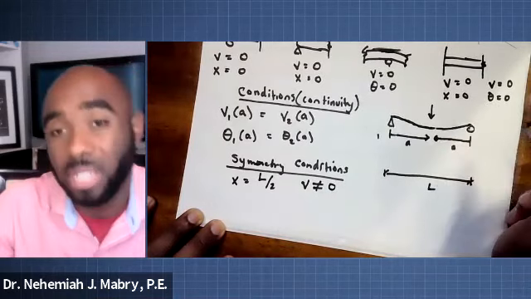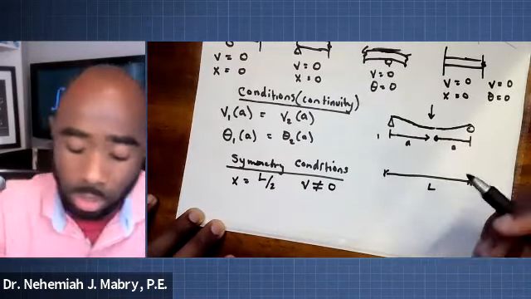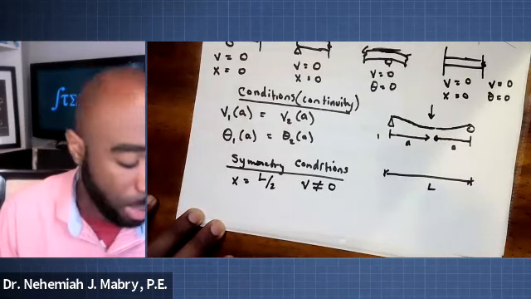Why? Because V is the deflection, and it's going to deflect the most in the middle. So at x equal to L over 2, V is not equal to 0.